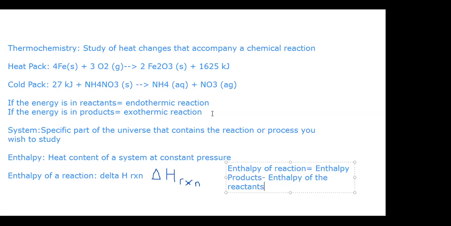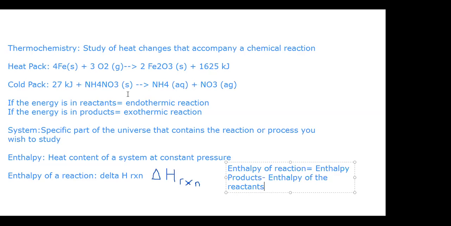And so up here, when we look at the heating pack, in the products minus the reactants, our change in enthalpy is going to be 100 or 1,625 kilojoules, okay?